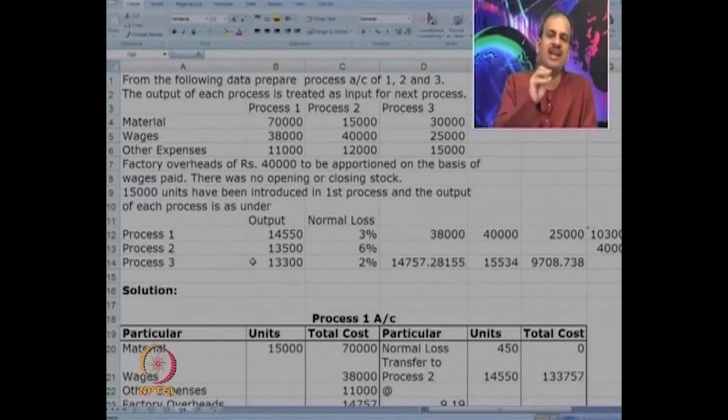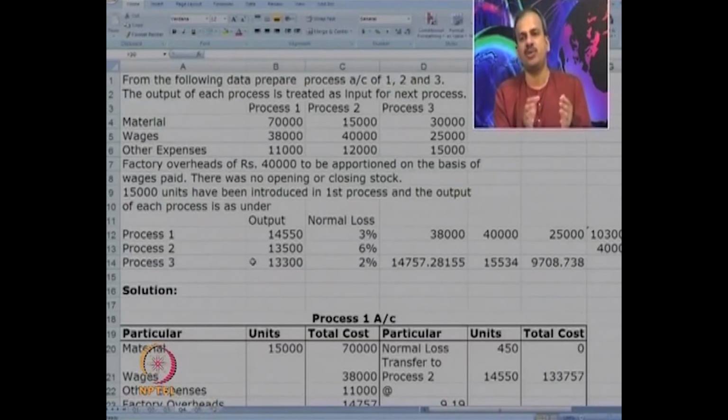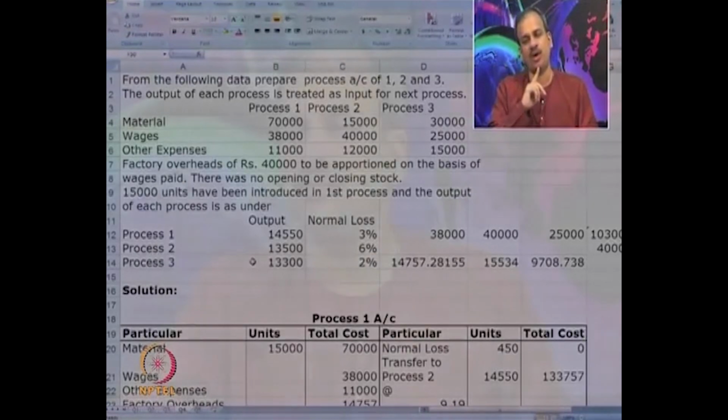What will happen if there are opening and closing stocks in the processes? How will you do the cost accounting? Can you think of what will happen? So if there is in-process material which is neither fully complete nor fully incomplete, how will you deal with that work in progress, as it's typically called?